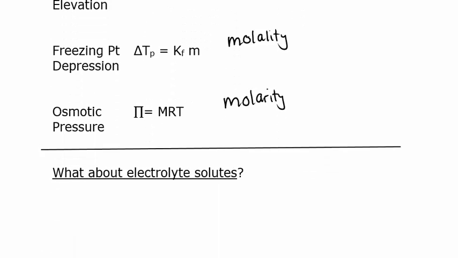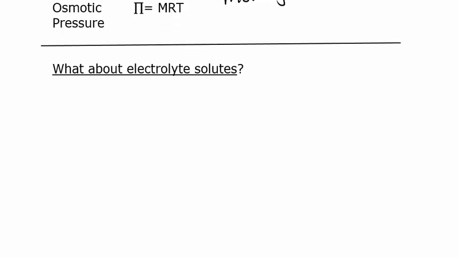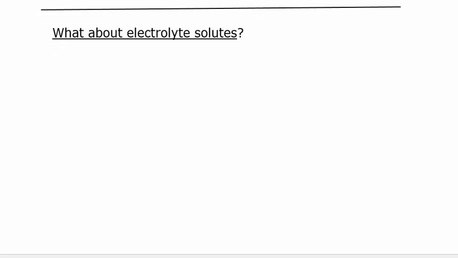Now let's look at what happens if you have an electrolyte. As a solute, an electrolyte is something that can separate into ions.